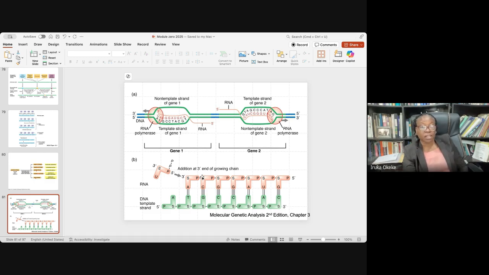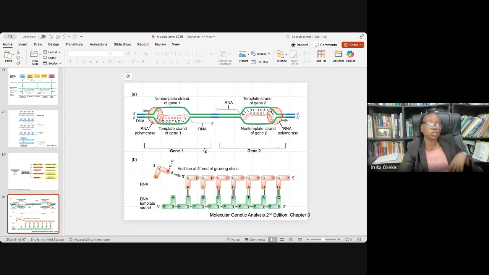Okay. Now, one of the things to recognize is that many genes are transcribed at once. And in fact, a particular gene may be transcribed over and over again at the same time. However, there are important cues in the DNA that determine where transcription will start and where it will stop.